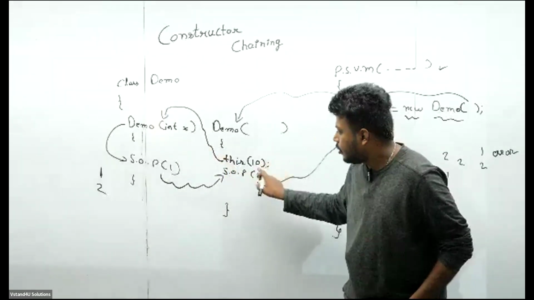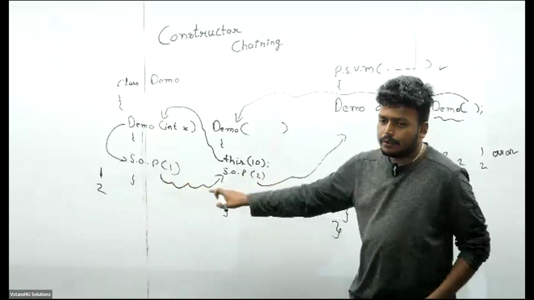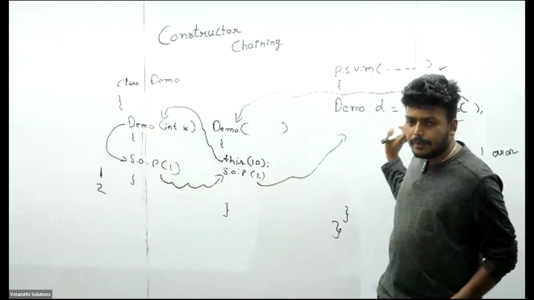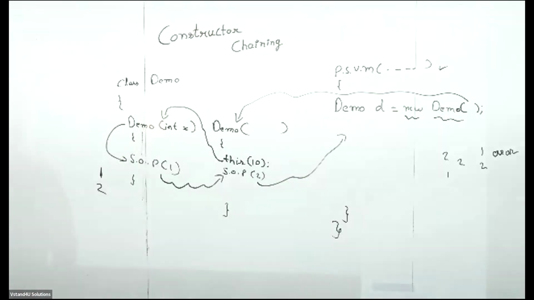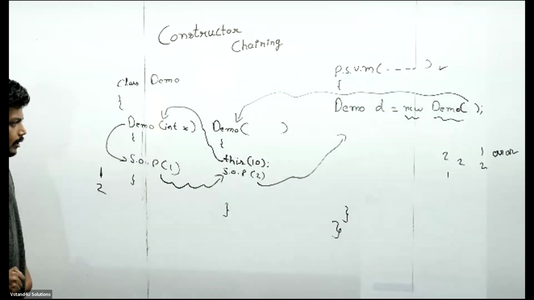Then automatically this will call this constructor, then control comes here, one will print, then control goes here, two will print, then it will go to the main method and the program ends. Now any doubts in this? This is the example for constructor chaining happening in the same class using this statement.